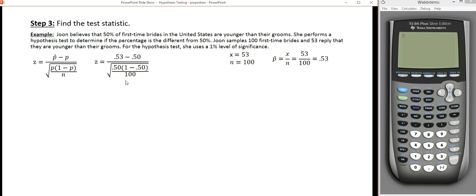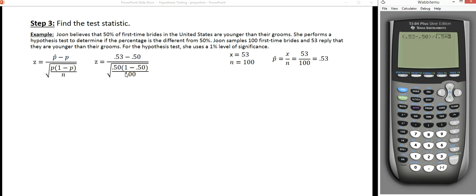To calculate this, let's go to the calculator. We're going to need parentheses around the numerator, so 0.53 minus 0.50, and you can leave the 0 off if you want, divided by square root 0.5 times.